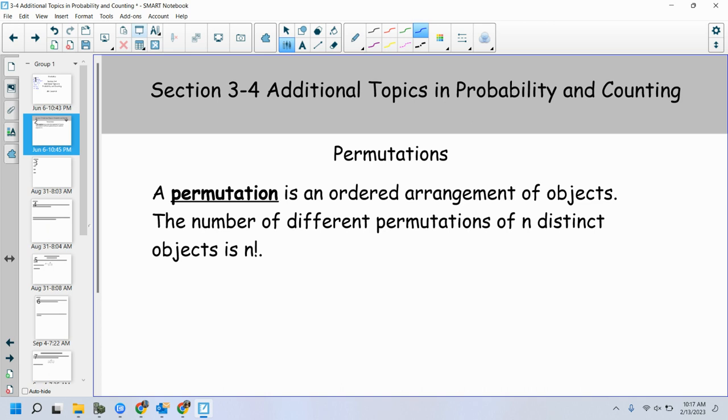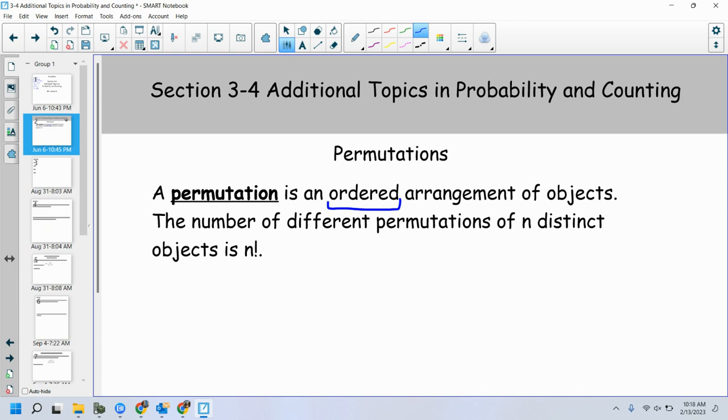In our statistics language, we have to tie in that piece about it being ordered. It's an ordered arrangement of objects, and that is really what matters here. And that is what's going to differentiate it from a combination. The word ordered, okay? Ordered arrangement of objects.